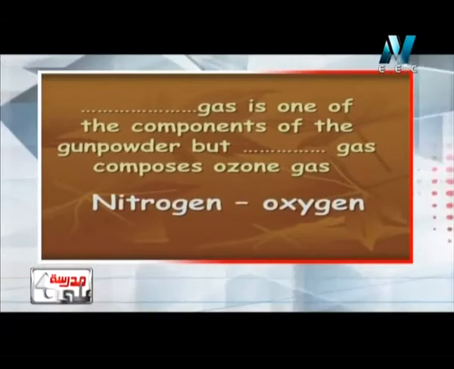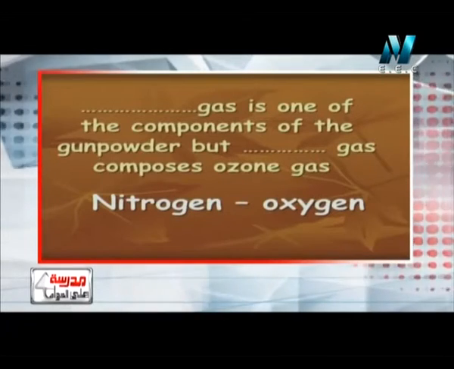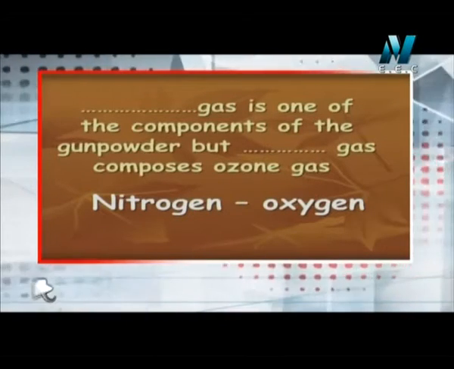Nitrogen gas is one of the components of gunpowder, but oxygen gas composes the ozone gas, because ozone consists of 3 atoms of oxygen and has the symbol O3. So the answers are nitrogen gas and oxygen gas.